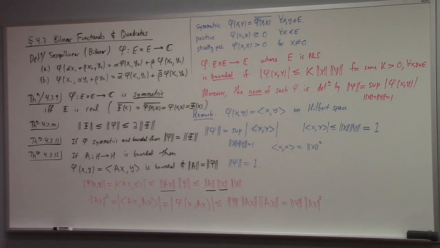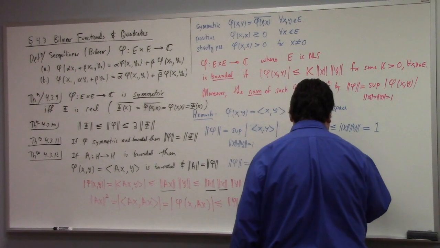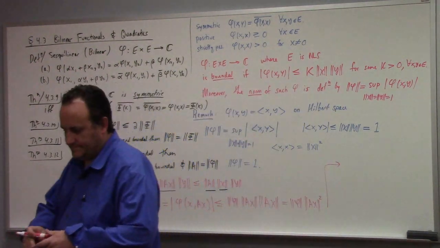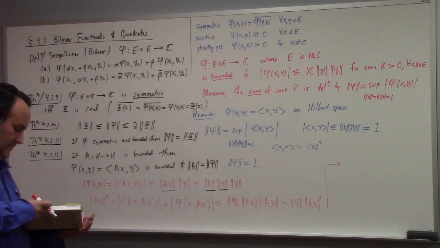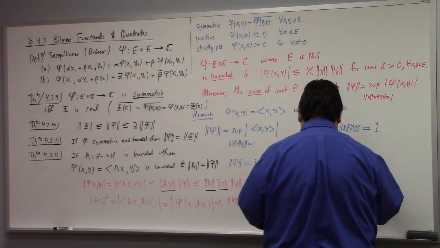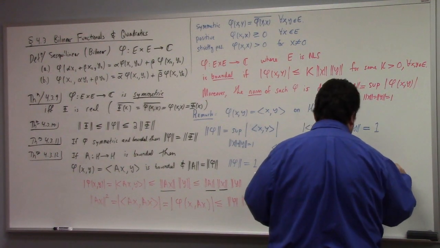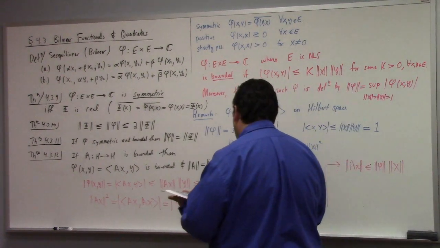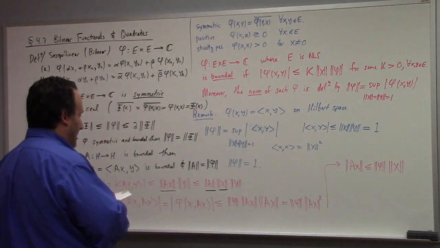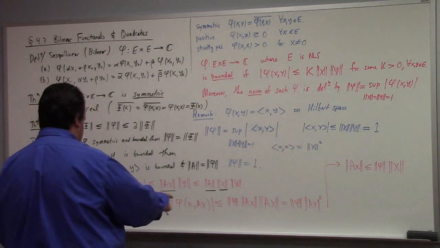He says, therefore, for Ax not equal to 0, we have the norm of Ax less than or equal to the norm of phi times the norm of x. Oh, okay, right, well, that's just this inequality right here.